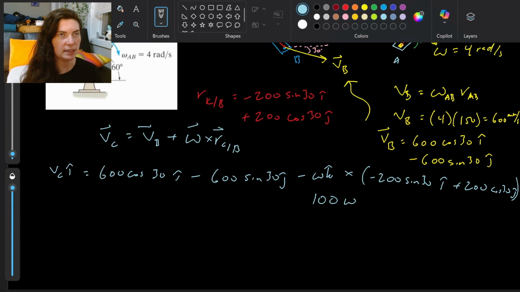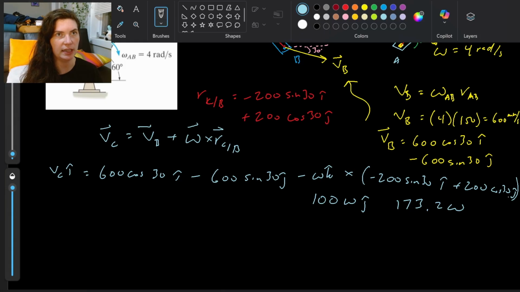And then the i cross k gives me a positive j. And then I have omega times 200 cosine 30. When I plug that in the calculator, that is about 173.2 omega. And then I have k cross j.